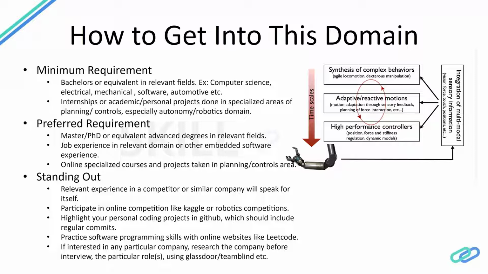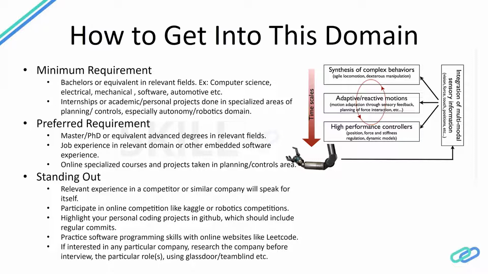And then you have to stand out from the pack. If you're working for Baidu Apollo, then it would be easier for you to make a switch to Waymo or Cruise, for example, and that kind of thing. You have to participate in online competitions.